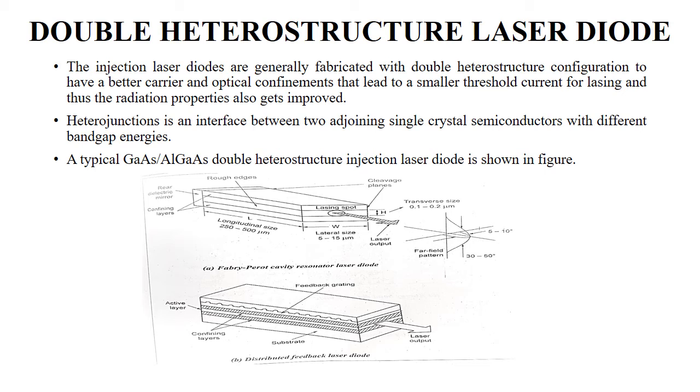In the double heterostructure configuration, a narrow band gap material forming the active region is generally sandwiched between two layers of wider band gap materials.